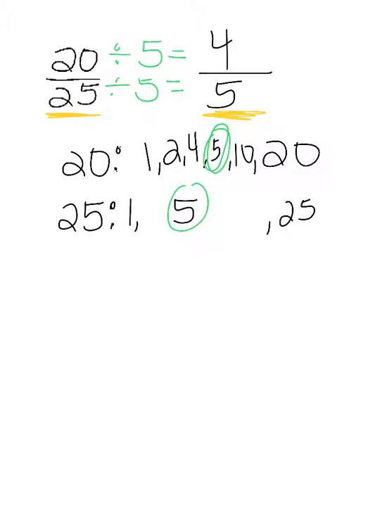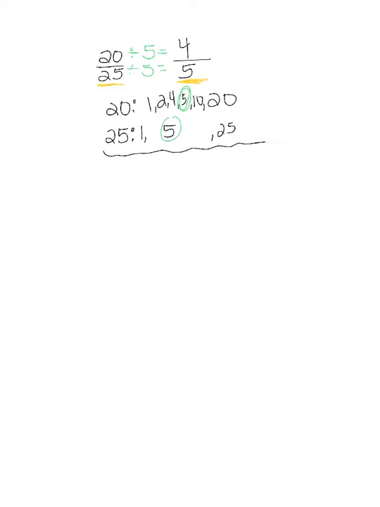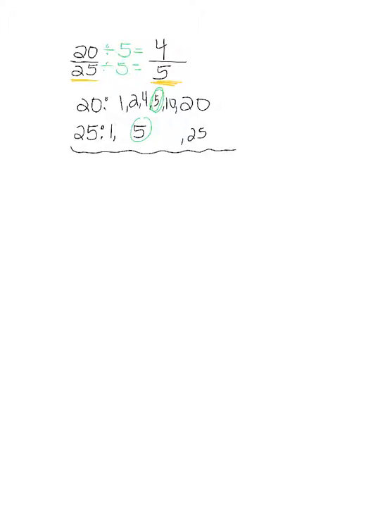Now, hopefully you have this written in your notes and we can try our next example. Our next example is 24/32. So step 1 is I find all those factors.